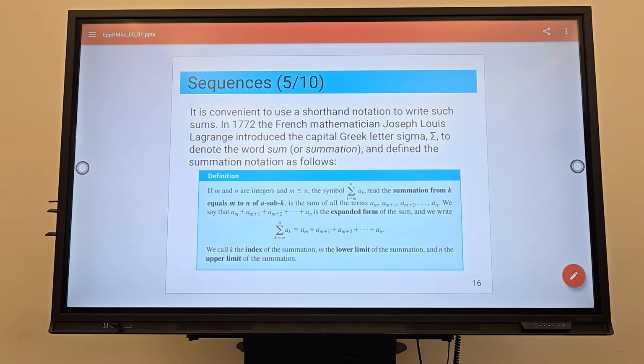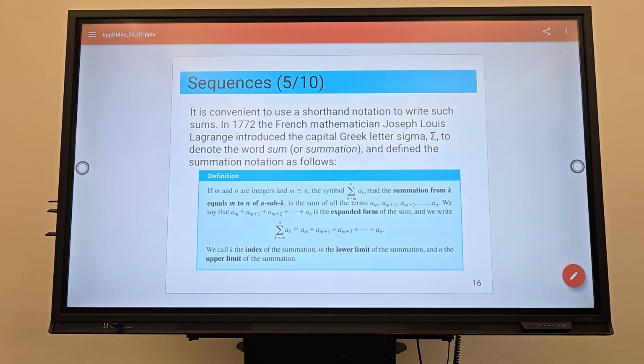Definition. If m and n are integers and m is less than or equal to n, the symbol sigma, k equals m to n, of a sub k is the sum of all the terms a sub m, a sub m plus 1, etc. to a sub n.